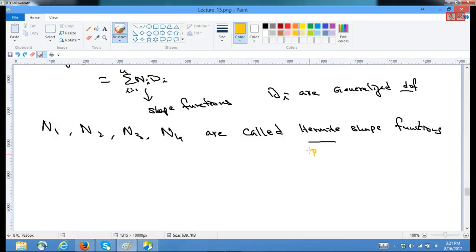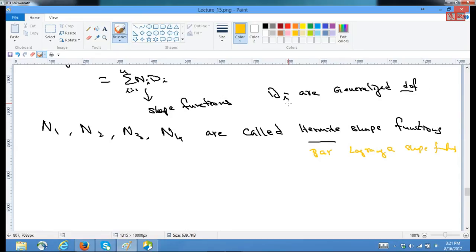For a bar element, these are called Lagrange shape functions, but for a beam, they are called Hermite shape functions. That means the characteristics of these shape functions are a little bit different compared to those of the bar. So let us see the characteristics of these shape functions.